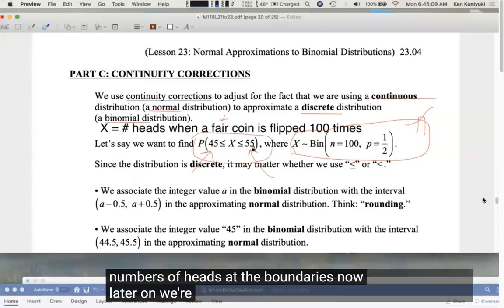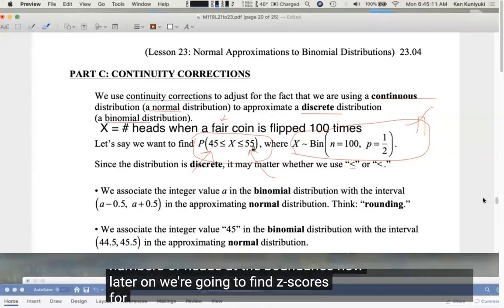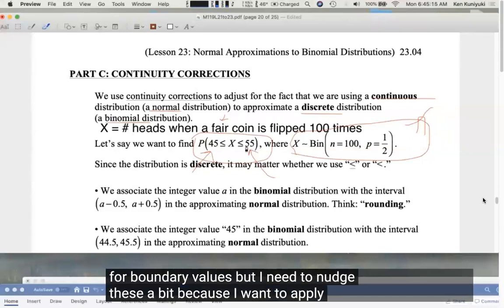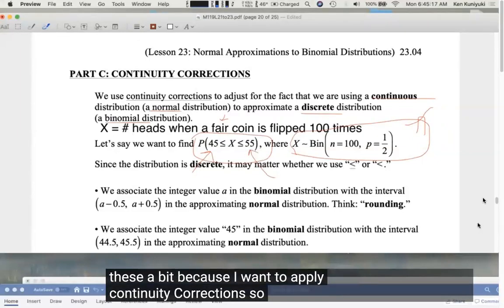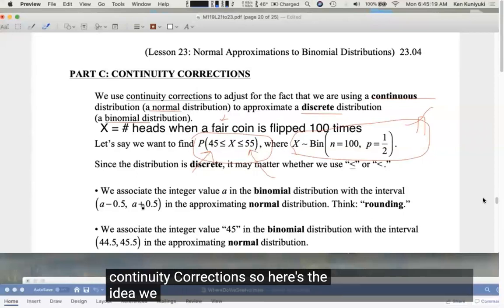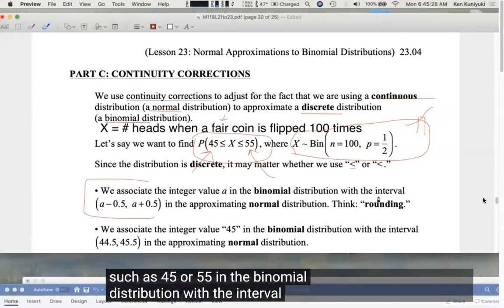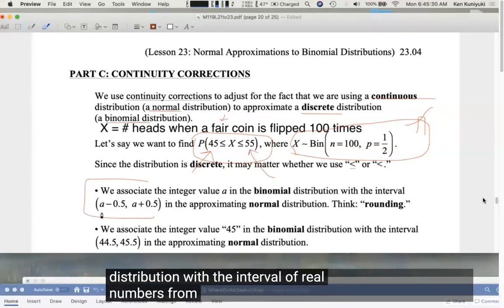Now, later on, we're going to find z-scores for boundary values, but I need to nudge these a bit because I want to apply continuity corrections. So here's the idea. We associate the integer value a, such as 45 or 55, in the binomial distribution with the interval of real numbers from a minus 1/2 to a plus 1/2.